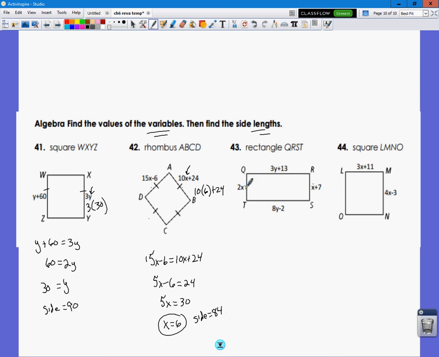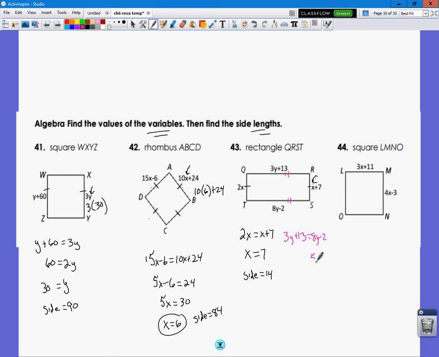In a rectangle, opposite sides are equal. So 2x is equal to x plus 7, which means x, when I subtract x from both sides, would be 7. I can already plug that back in and tell you that this side is 7 plus 7. So the side is 14. Likewise, on the other side then, the longer side of this rectangle, I can see that 3y plus 13 would be equal to 8y minus 2.